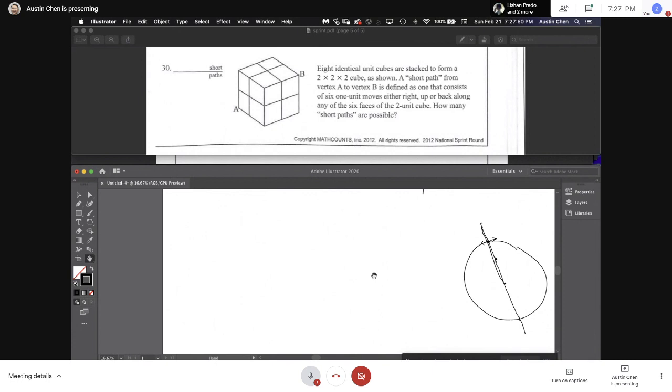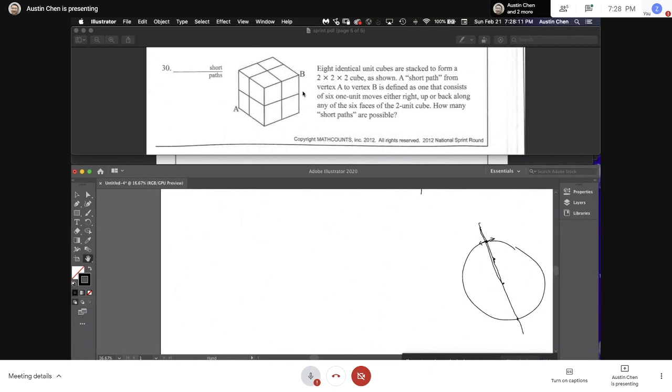Okay, so we have 6 moves. We have 6 one-unit moves, and we're moving on any of the faces of the 2-unit cube, and we want to get from A to B. It says the 6 one-unit moves are either right, up, or back, but I think that is confusing, right?